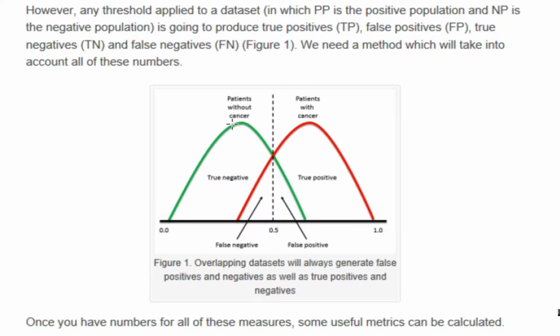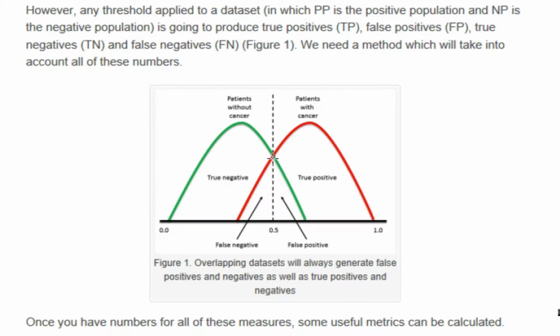The green line represents the number of patients without cancer, and the red line represents the patients with cancer. If the probability is greater than 0.5, the model is going to predict that the patient has cancer, is positive, otherwise is negative.